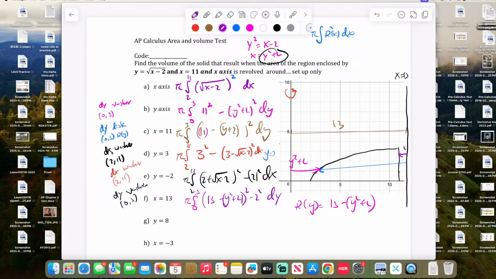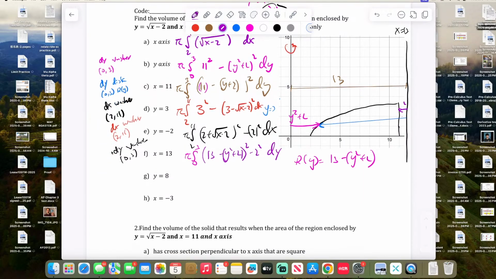We don't actually need this. The equation for this one is y squared plus 11 minus y squared. Oh, that's a parenthesis. Is that okay? When he's saying 13, you just add it, and then you add the two extra.